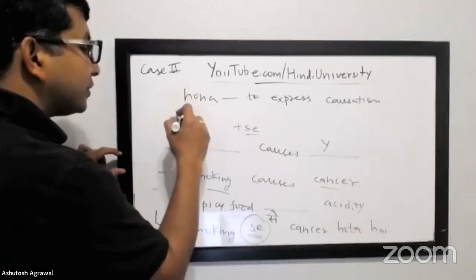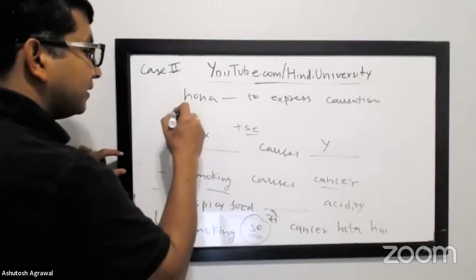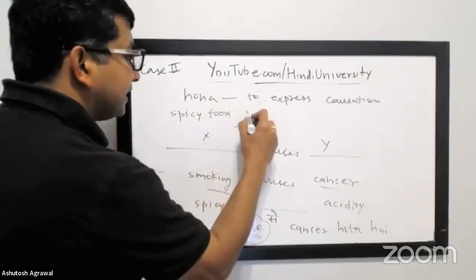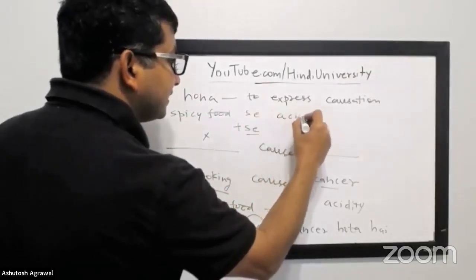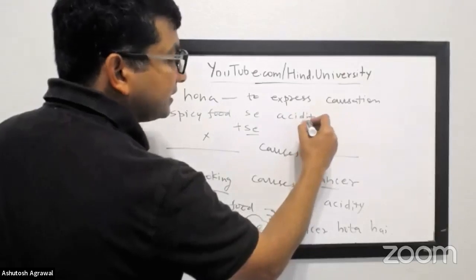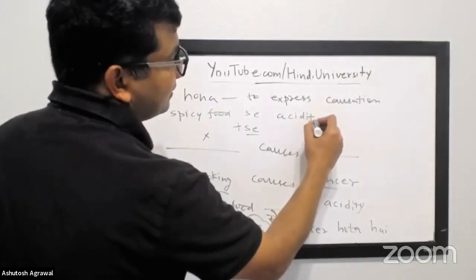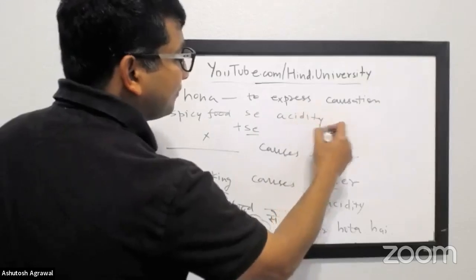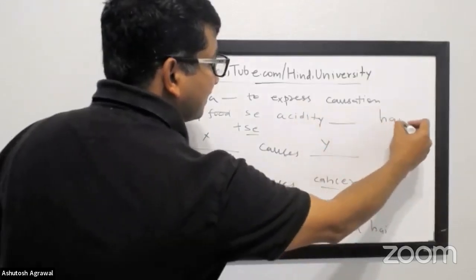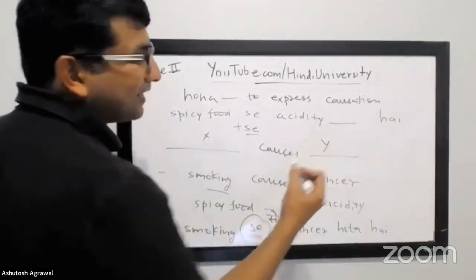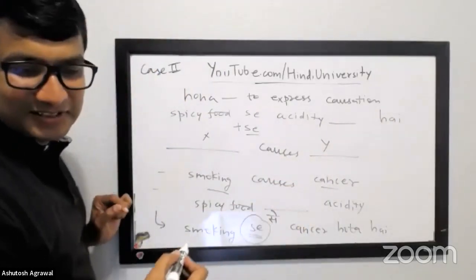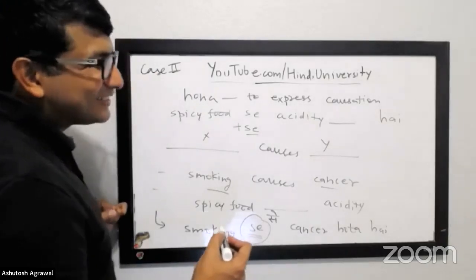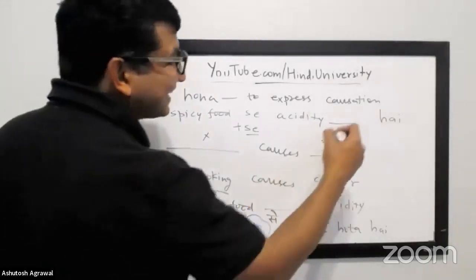You can say spicy food, acidity, what would I say? Hota hai. नहीं होता है. Is it होता है, होती है, होते हैं?